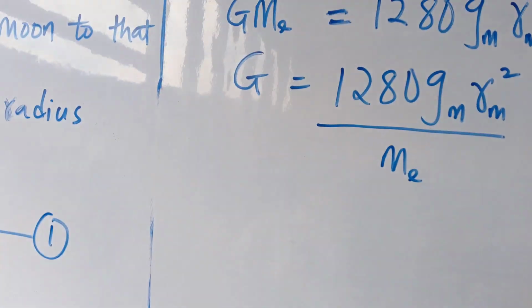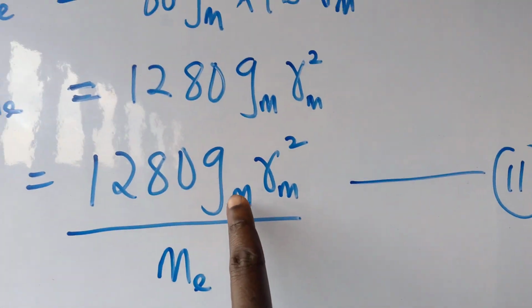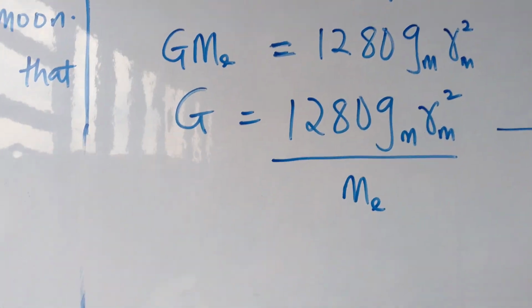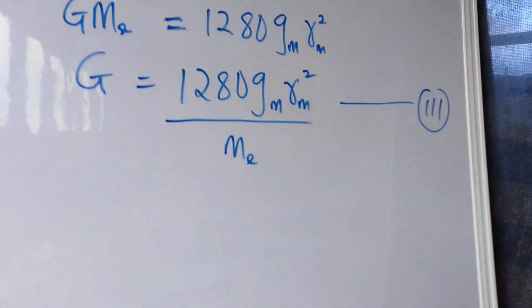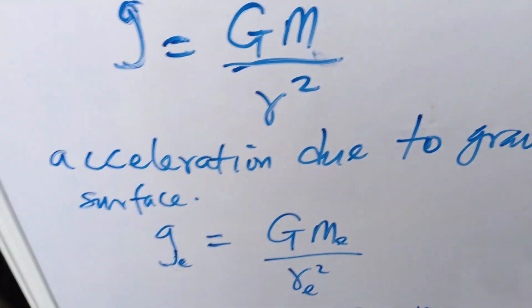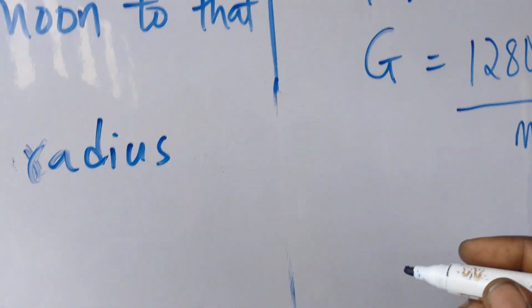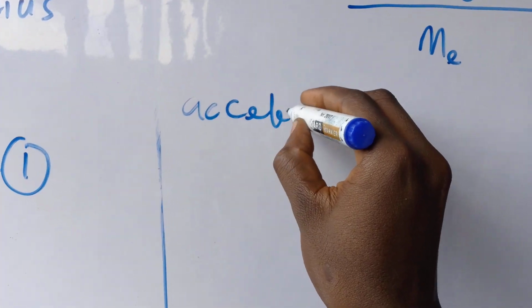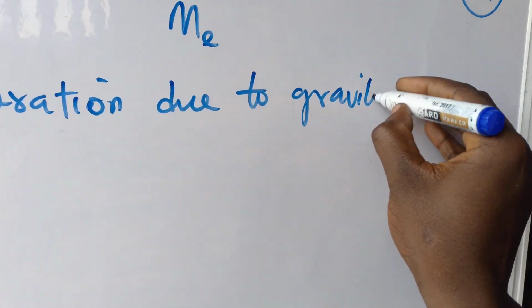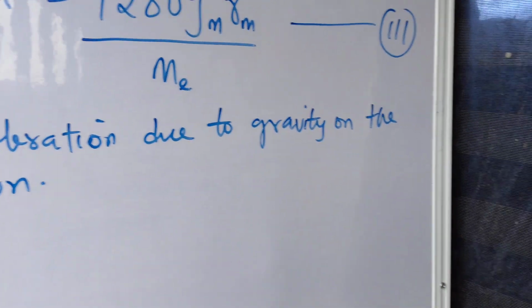So I've made my gravitational constant the subject of the formula, which is 1280 GM RM square over ME, where GM is the acceleration due to gravity on the Moon, RM is the radius of the Moon, and ME is the mass of the Earth. Now we come back, we looked at the acceleration due to gravity on the Earth's surface. Now let's look at the acceleration due to gravity on the Moon.